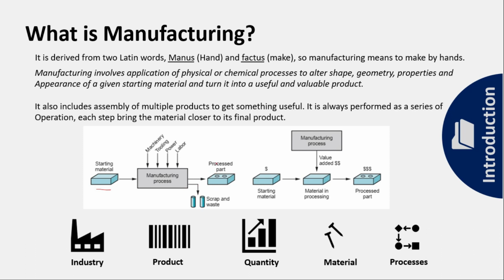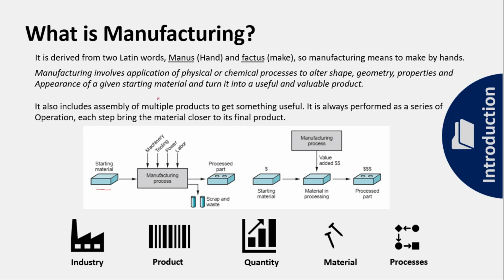So this part has a greater value than the starting material. The customer will be buying this part with a greater value compared to the starting bulk material. So this is what manufacturing is: the application of physical and chemical processes to alter shape, geometry, properties, and appearance of the given starting material and turn it into a useful and valuable product.